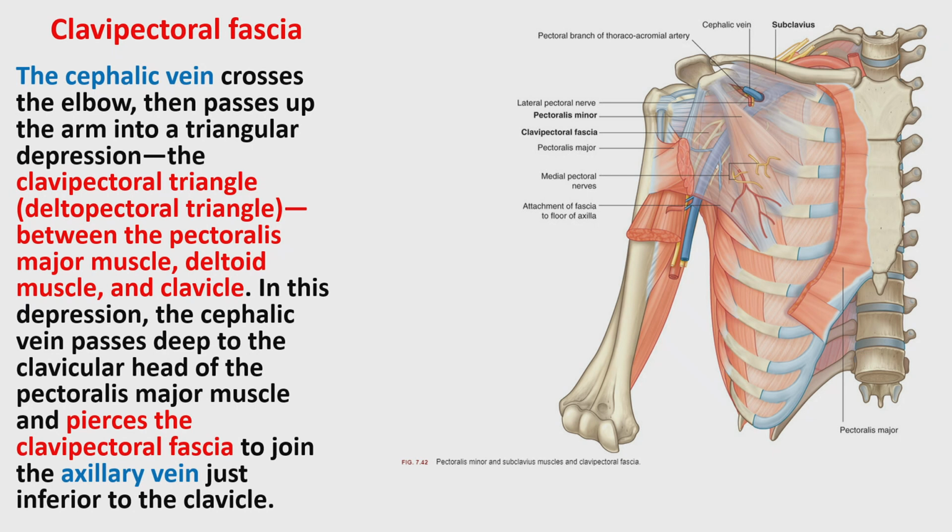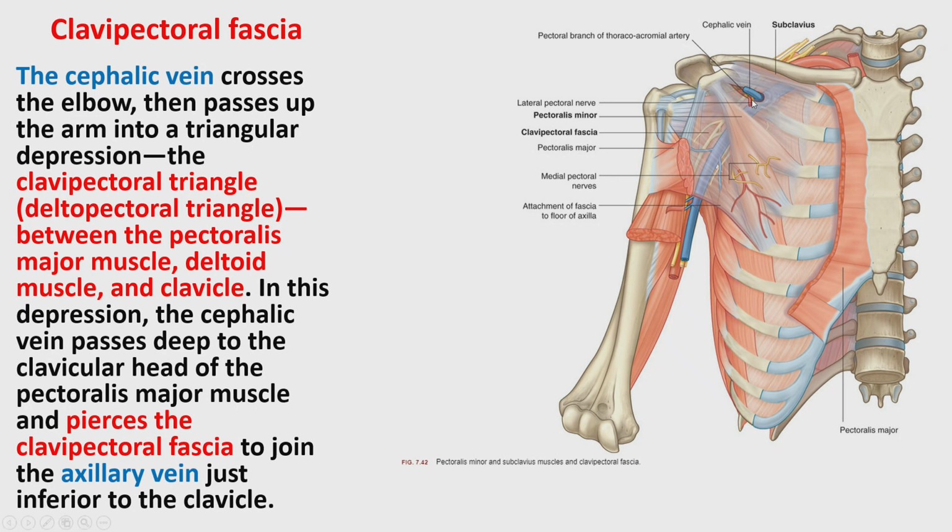If you have the theoretical knowledge, then finding it in the preparation is easy for you. When it reaches this level, it pierces the clavipectoral fascia, and then it drains to the axillary vein. Other structures also pass through this clavipectoral fascia.